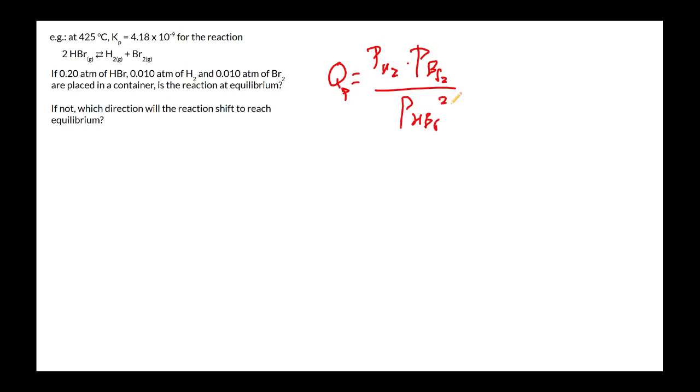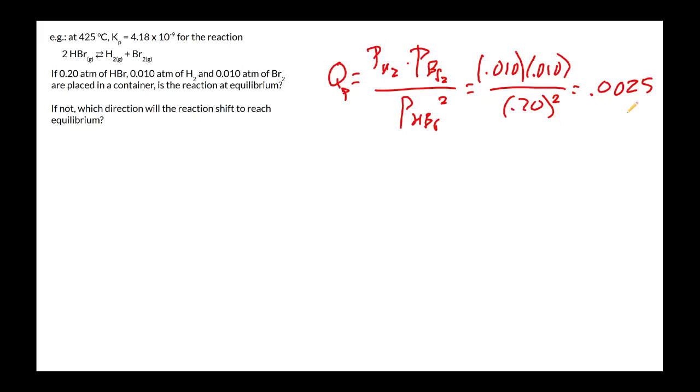And all of these go in that expression because they're all three gases. So under the conditions that we have here, the pressure of H2 is 0.010 atmospheres. And for bromine, it's also 0.010. And then the pressure of HBr is 0.20 atmospheres, and that's going to be squared.